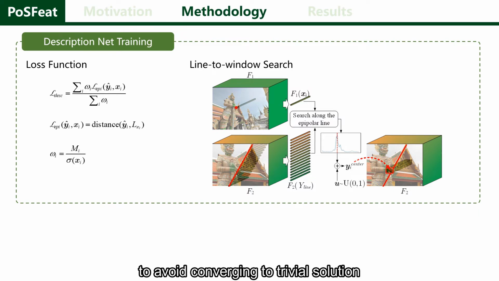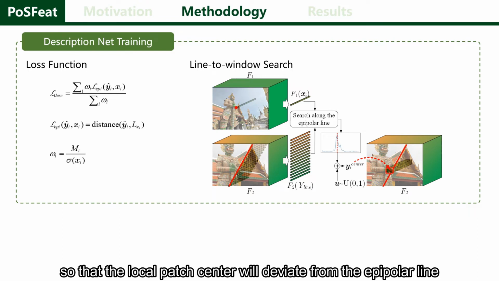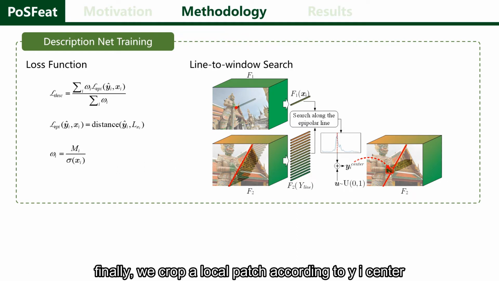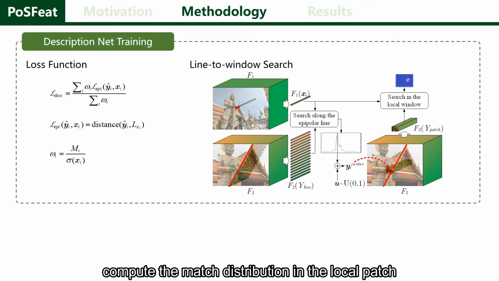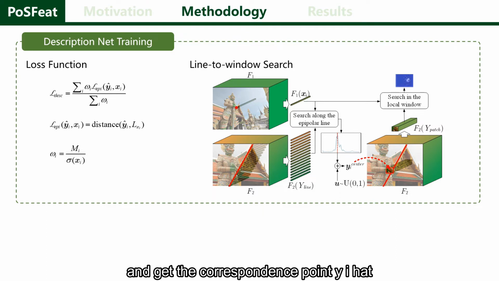To avoid convergence to a trivial solution, we add noise to the proposal so that the local patch center will deviate from the epipolar line. Finally, we crop a local patch according to yi center, compute the match distribution in the local patch, and get the correspondence point yi hat.